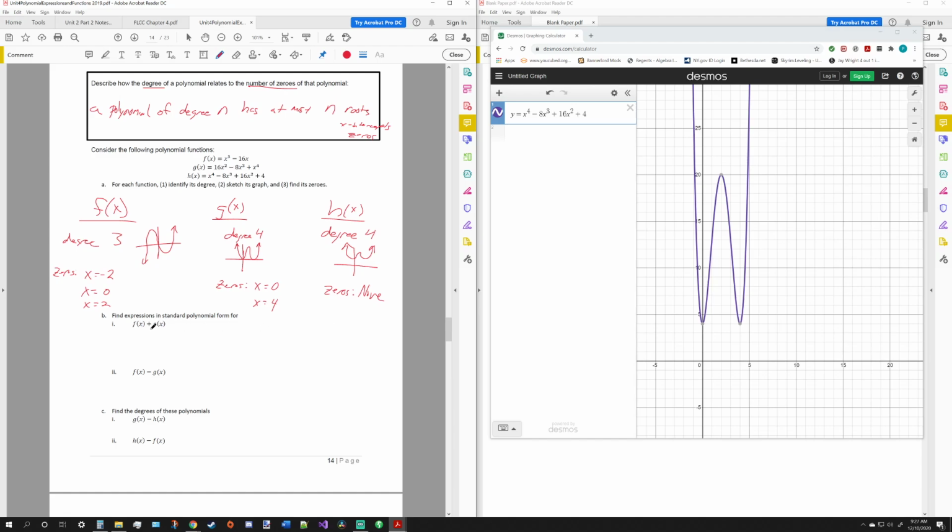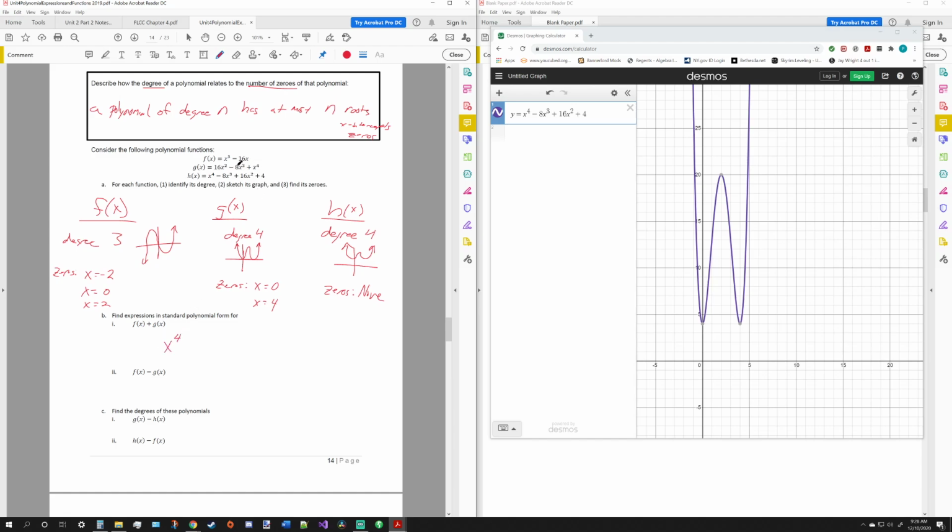All right, adding and subtracting polynomials. So adding f of x plus g of x. Again, if you haven't done that yet, make sure you do before I go over it. So adding them together, you should have gotten, so I'm adding these two up here. So I only see one x to the 4.